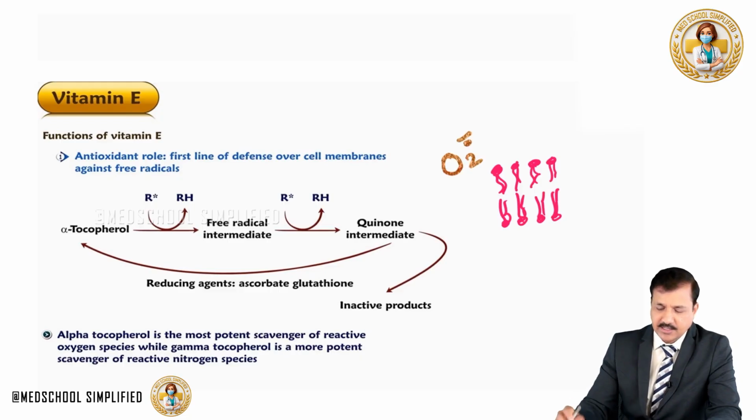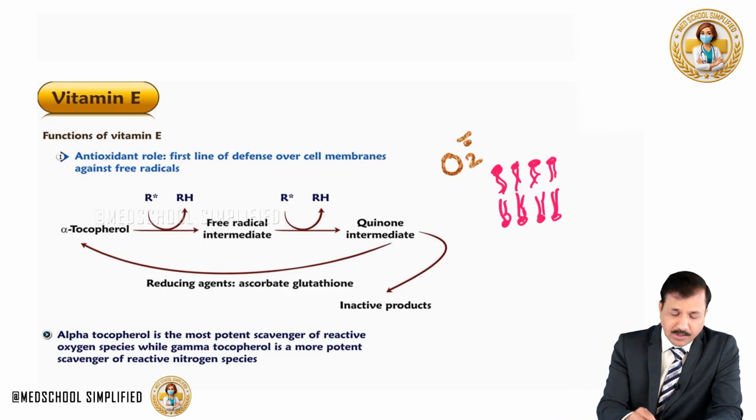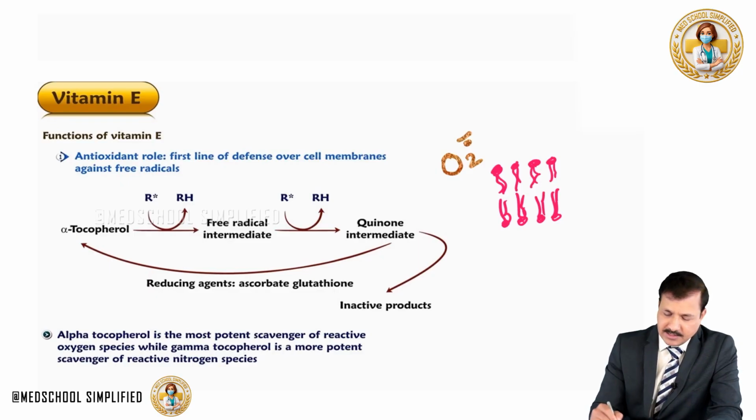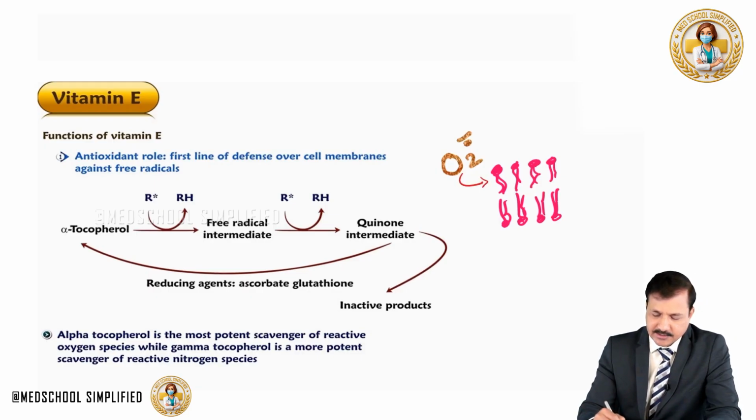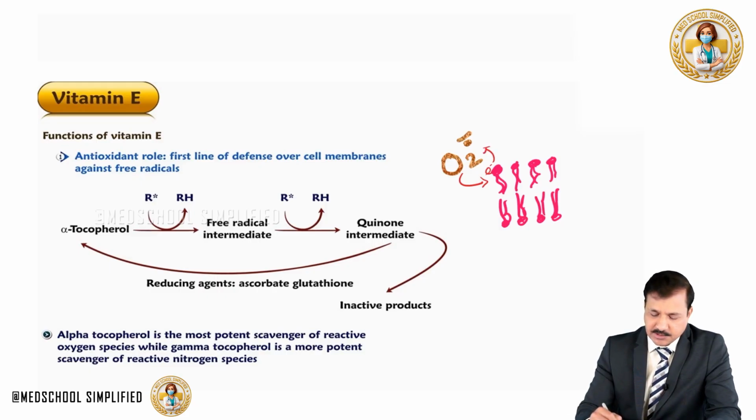This is the superoxide, which is deficient in electrons, and it is going to attack the cell membrane, especially this fatty acid. It is going to attack it and gain electrons from it. Electrons are removed so that the superoxide is stabilized, and now this particular fatty acid, which is losing an electron, is going to attack the neighboring fatty acid and get that electron from there, and that will attack a neighboring fatty acid and get electrons.